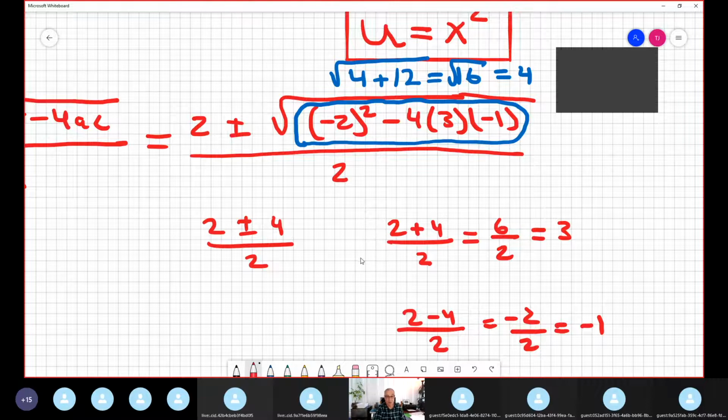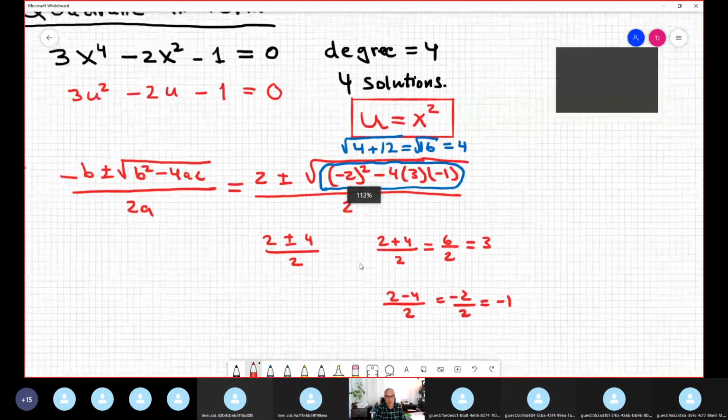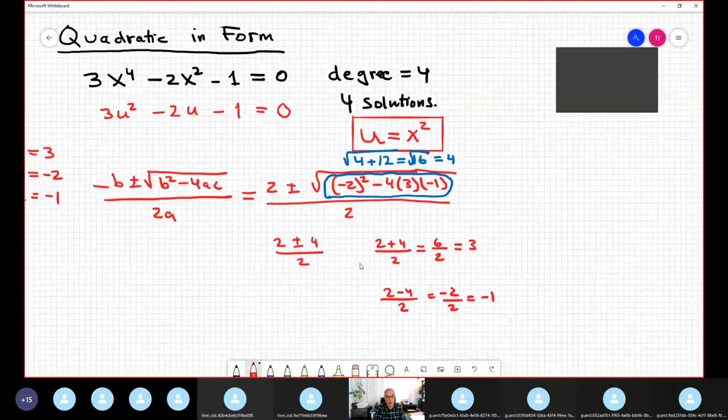No, of course not. Because I recall something. Look, we have the original equation in black color. For solving this, we create a new equation in red color, a quadratic equation. That is the reason I'm using the quadratic formula. And the values that you get here are u values: u equal 3 and u equal negative 1.